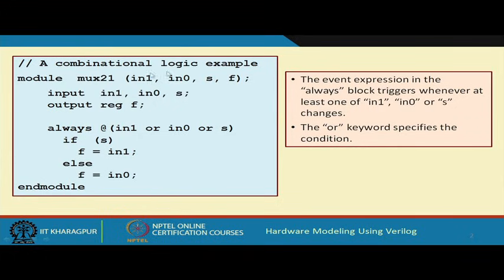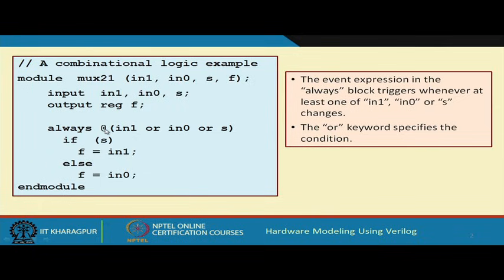So, in this example we are trying to create a simple 2 to 1 multiplexer where the inputs are in 0 and in 1, the output is f, and the select line is s. So, in 1, in 0 and s are the inputs. f is an output which is also reg. Again, I am declaring f as reg because inside this always block f is appearing on the left hand side.